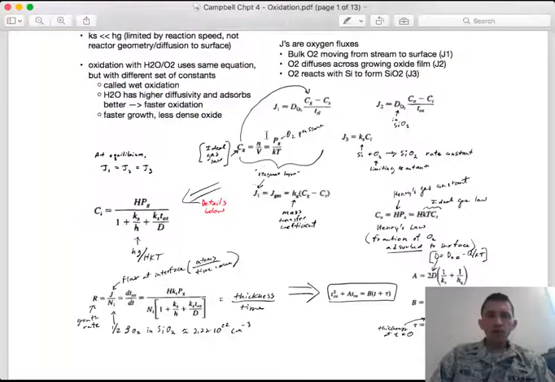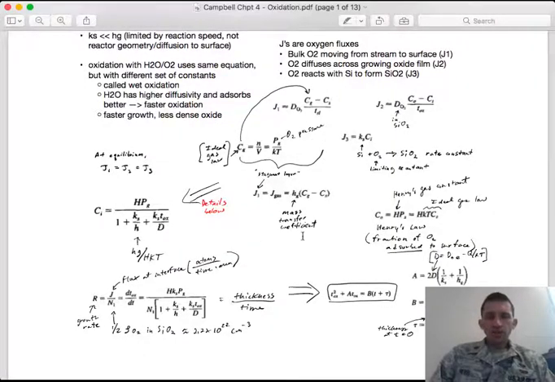However, you plug in for this concentration of the gas in the furnace, right? You could use the ideal gas law to give you a partial pressure of oxygen. So you could do that.